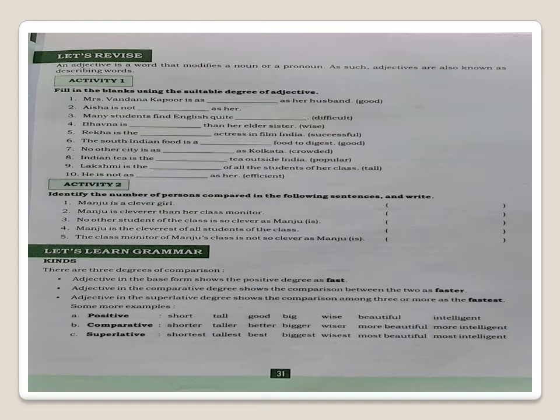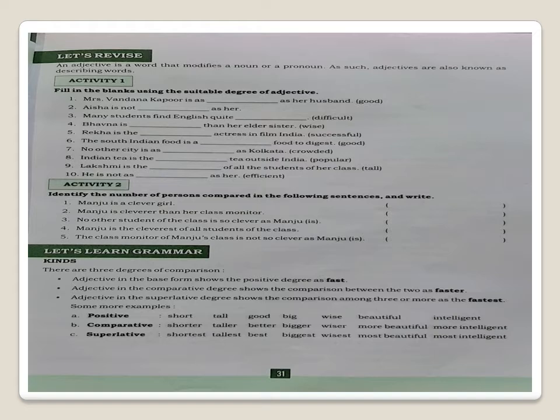Then here we'll find another sentence. See the fourth one: Bhavna is dash than her elder sister, and in brackets the adjective is given, wise. So in the comparative degree we are using er with the adjective word, as well as we are using than, when we compare the quality of one person with another, with less quality or better quality.